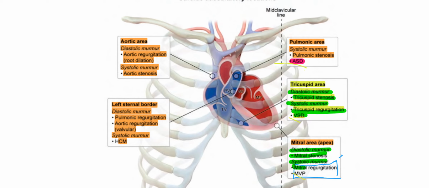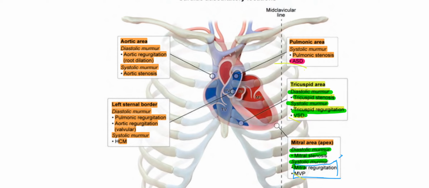Then in the fifth intercostal space, which is near the sternum, which is considered as the tricuspid area, here we can hear the diastolic murmur associated with tricuspid stenosis, and we can also hear the systolic murmur associated with tricuspid regurgitation and VSD.